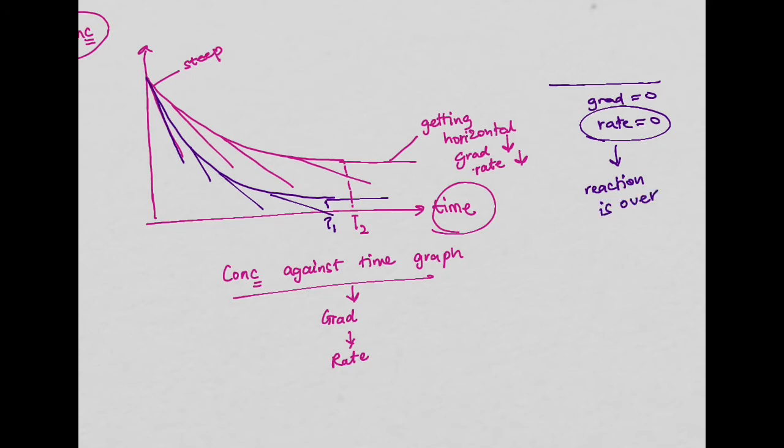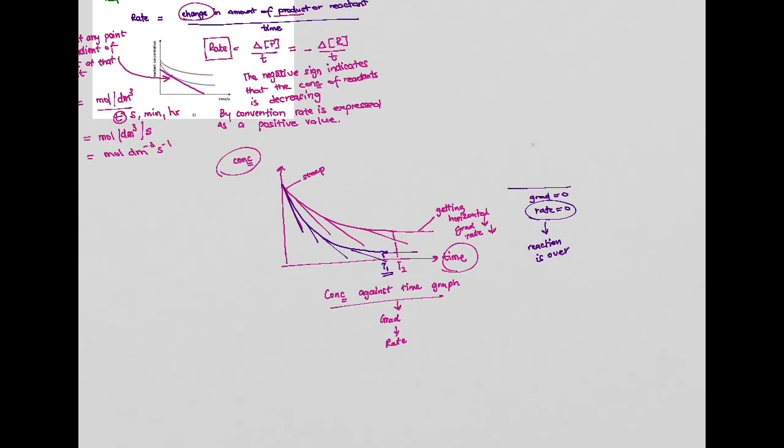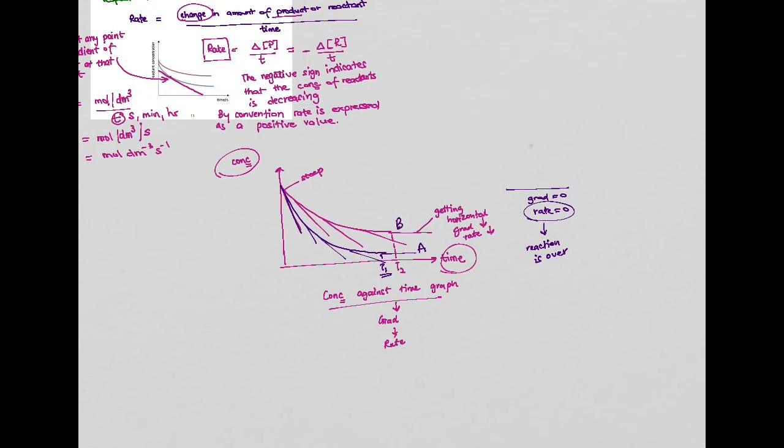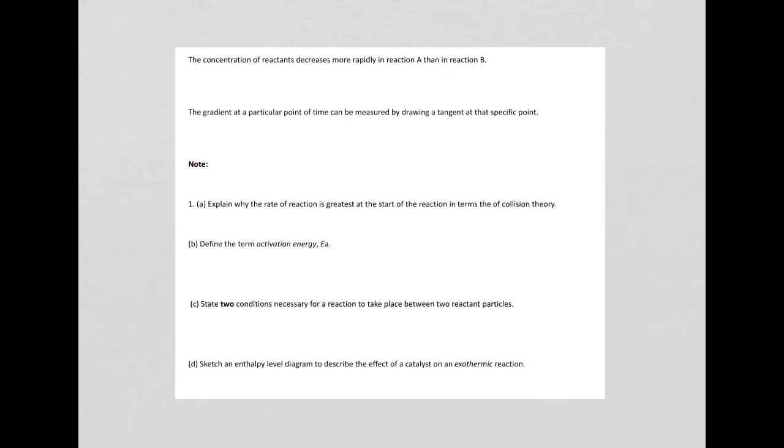So the blue graph finishes at T1 and the pink graph finishes at T2. This one would be graph A and this one would be graph B. In graph A, it takes less time for the reaction to be over. The rate decreases faster in A as compared to B. So this is what is stated here.